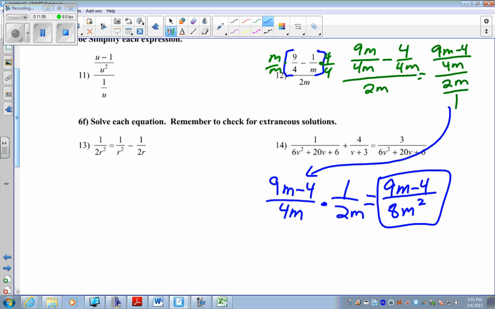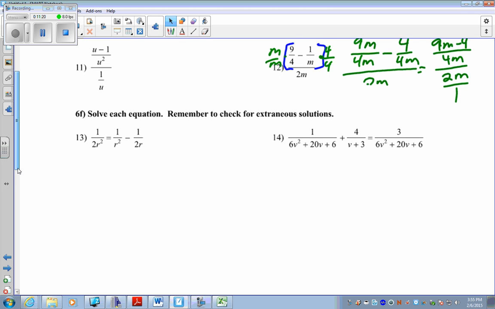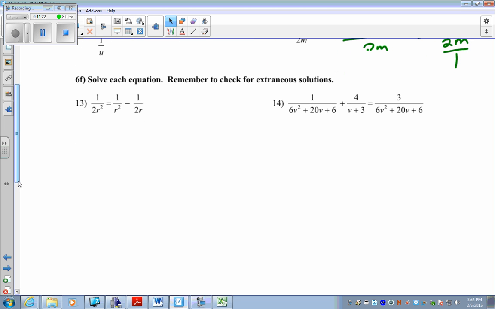Okay, last problem. We will do number 14. So these problems, the first thing you have to do, factor the denominator. So you should always do GCF first. Sometimes you forget to, but you got to go back. Greatest common factor of the first term's denominator is 2. And then we got to use calculator.